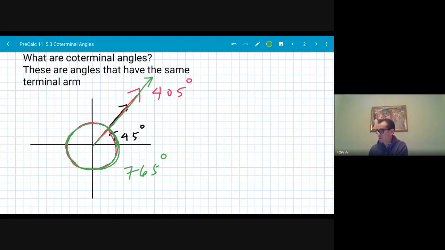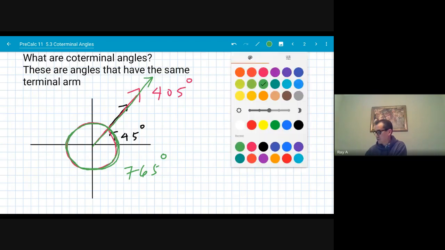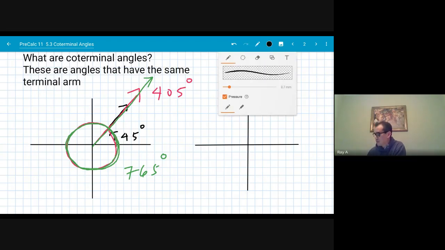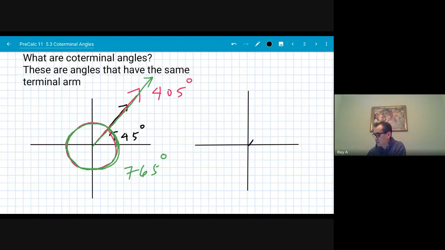So let me create another XY plane, and I'm going to have the 45-degree angle again going this way.